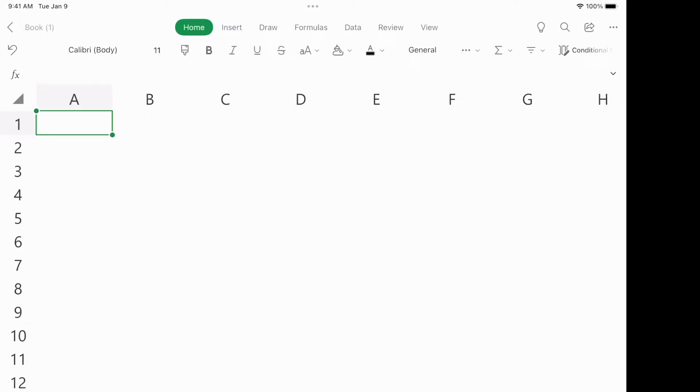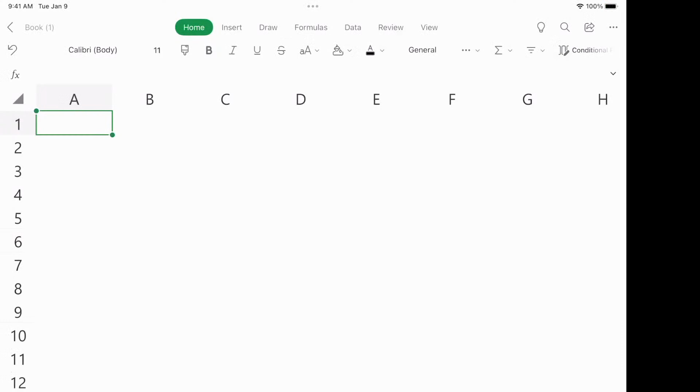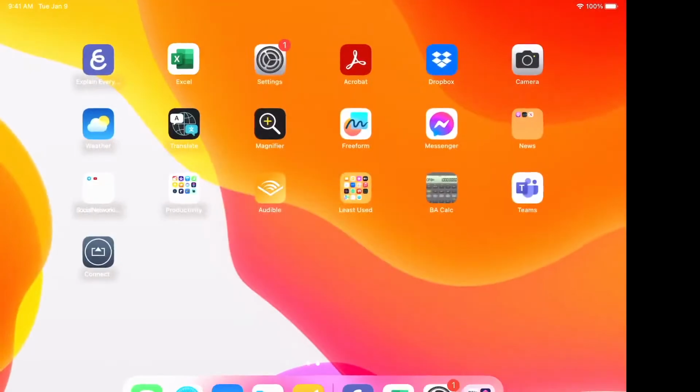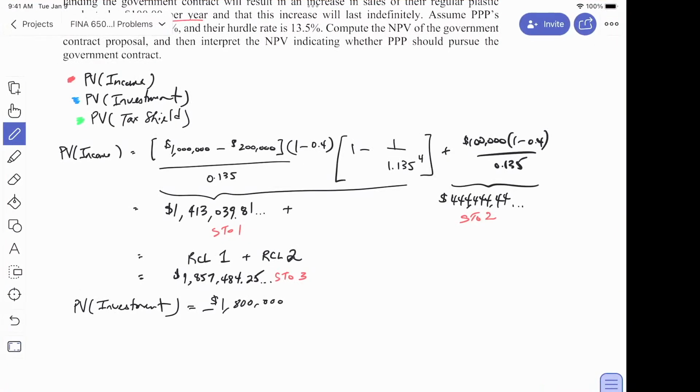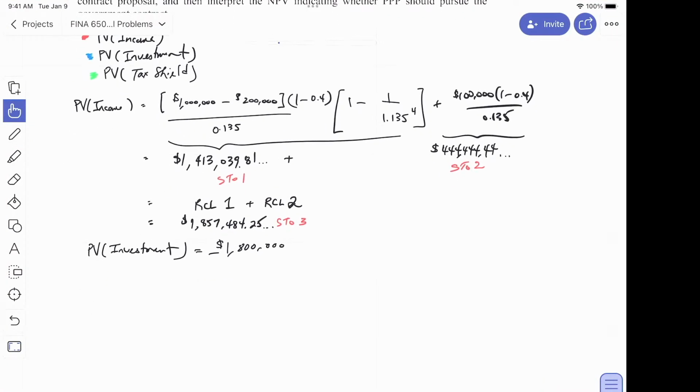That's probably what it is. Well, it says 100%. Sorry, I can't seem to get my keyboard. So you know what I'm going to do? You guys can do it in Excel. I'll just show you what it should look like in writing, because I can't seem to open my Excel.